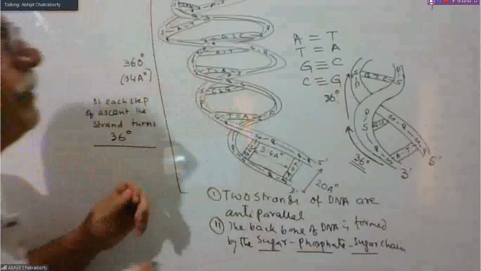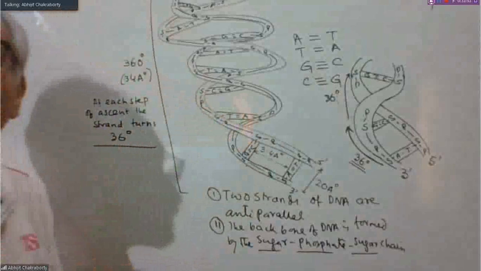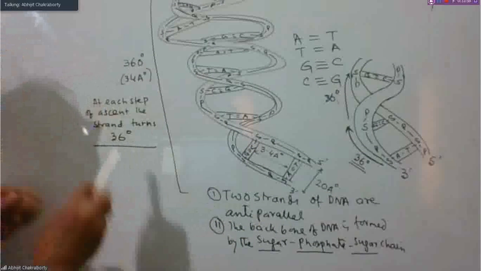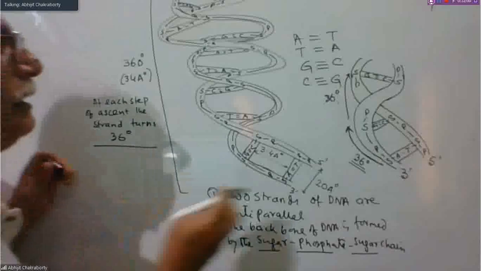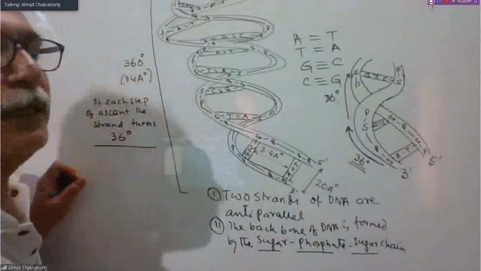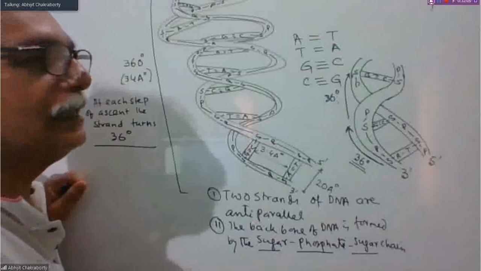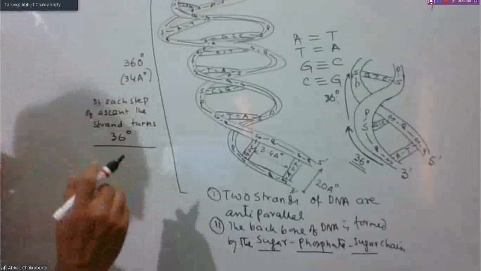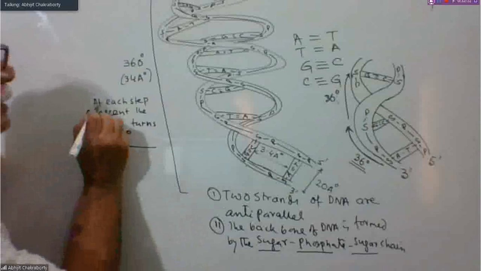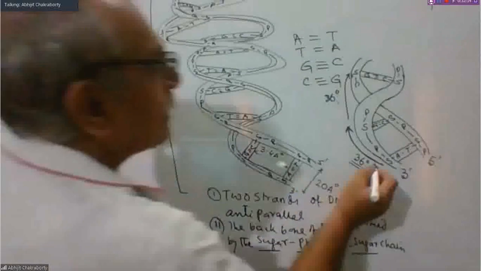So if you compare 10 base pairs, what will be the measurement? If each step of ascent is 36 degrees, then 10 steps of ascent should be 360 degrees. Are you getting me? At each step of ascent, the strand turns 36 degrees.